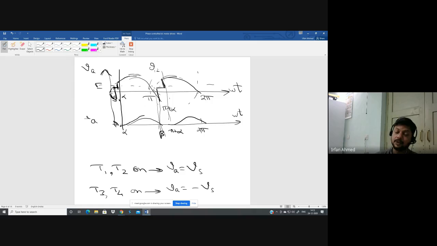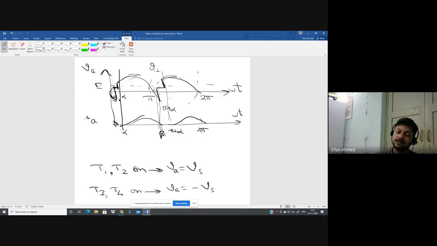To filter out these ripples. If you are using a single phase rectifier, you will need a very large filter because the ripple frequency is very small. However, if you increase the number of pulses, and this is a 2-pulse rectifier. If you go for a 3-pulse rectifier, that is a 3-phase half-wave rectifier, the ripple frequency will be 3 times the supply frequency.